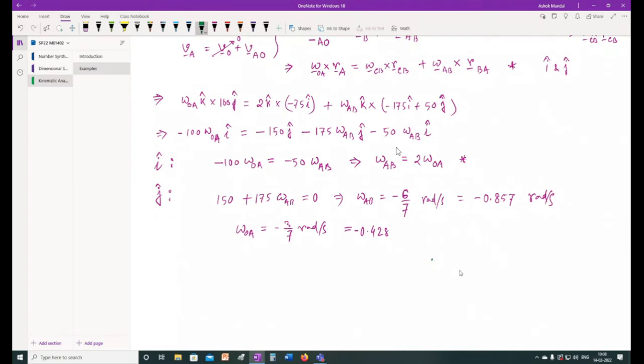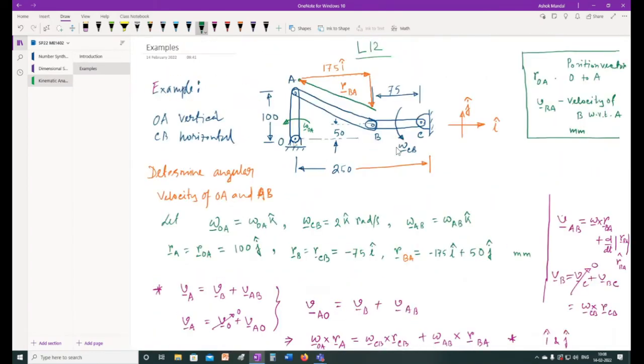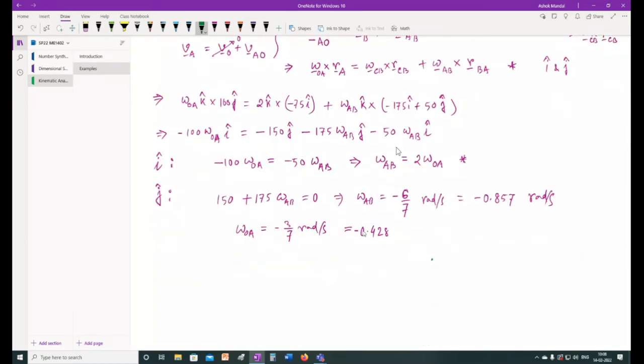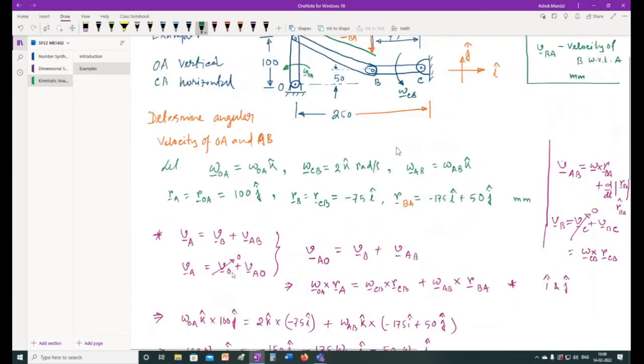So your fixed points are here, O and C. Then we will draw a vector perpendicular to OA. Suppose you want to draw the velocity vector VB. What is it? Look from here and tell me, because this is only given, right?